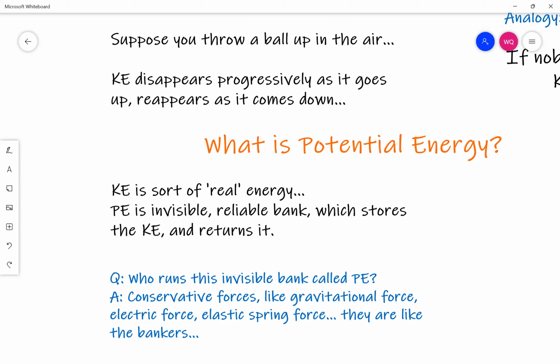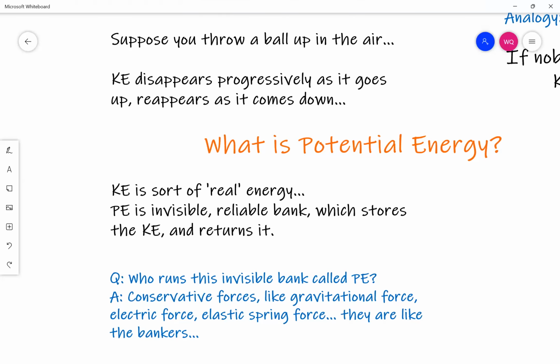Here, a question to ask is, I don't know whether this question sounds weird to you or not: who runs this invisible bank called PE? The answer is something called conservative forces. Conservative forces are the type of forces that are qualified to run PE banks. Other non-conservative forces are not qualified.